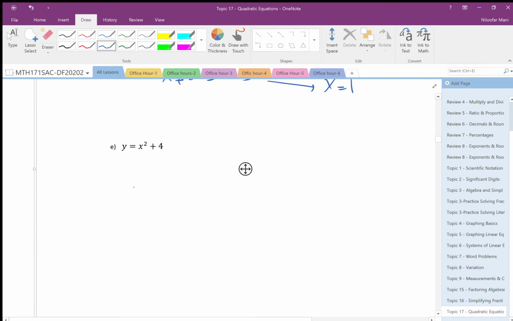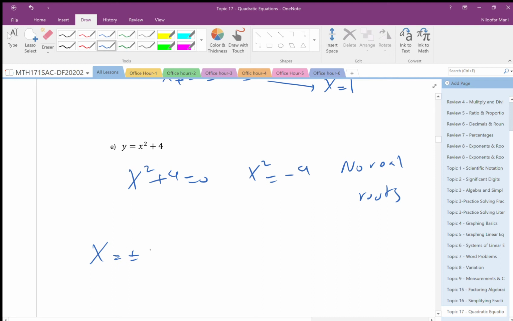How about here? x squared plus 4 equals 0. So x squared equals minus 4. Is it possible? No, there is no real number. So no real roots. Yes, I have two answers, but both of them are imaginary, because x is plus minus radical minus 4, which is plus minus radical 4 times minus 1, which is plus minus 2i.